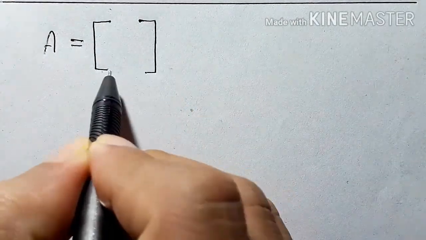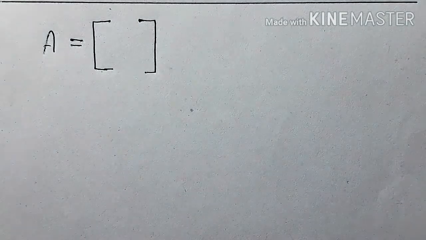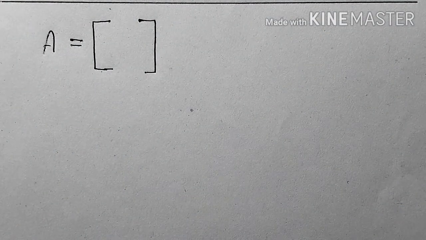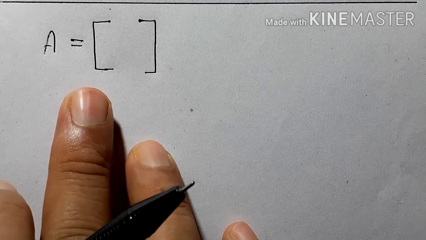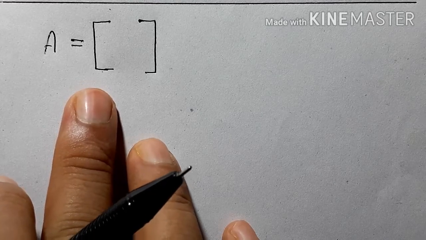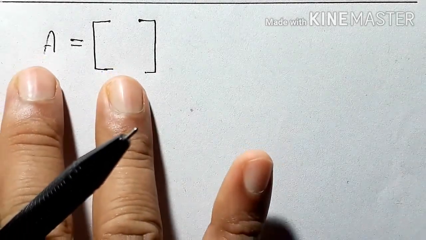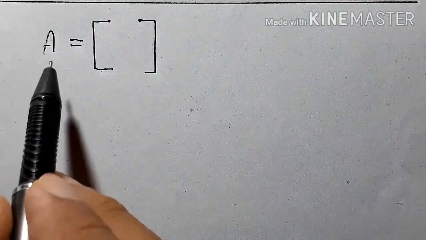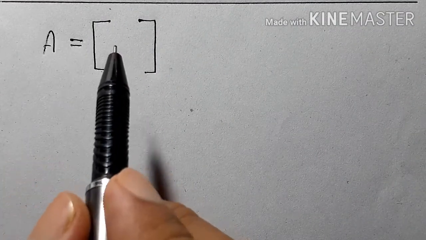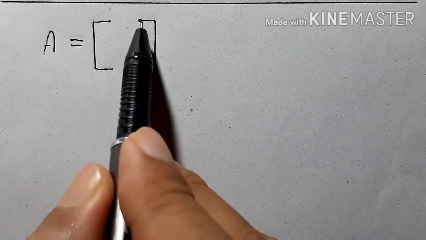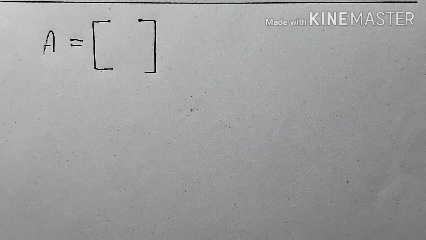Like this. This is how we can represent a matrix. Name of the matrix will be in capital letter and the matrix within the third bracket.